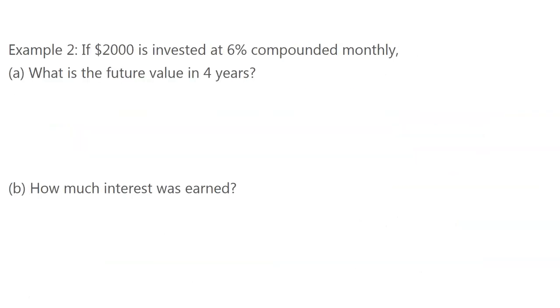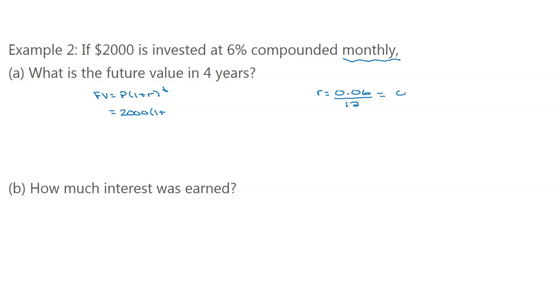Now for example 2, if $2,000 is invested at 6% compounded monthly, what is the future value in 4 years? So let's fill in P to be 2,000. Now I'll go to the side to calculate my R value. So we'll change the percent to a decimal. Now I'm going to divide that by 12 because the interest is compounded monthly, which means 12 times a year.